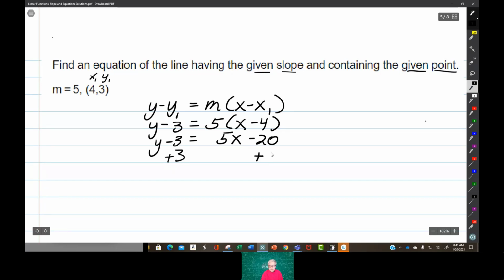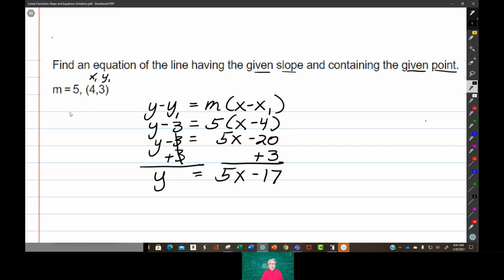Plus 3, plus 3. The 3's zero out over here, leaving me with a y. And I'll have 5x minus 17. And there is the equation of the line with this slope containing this point.